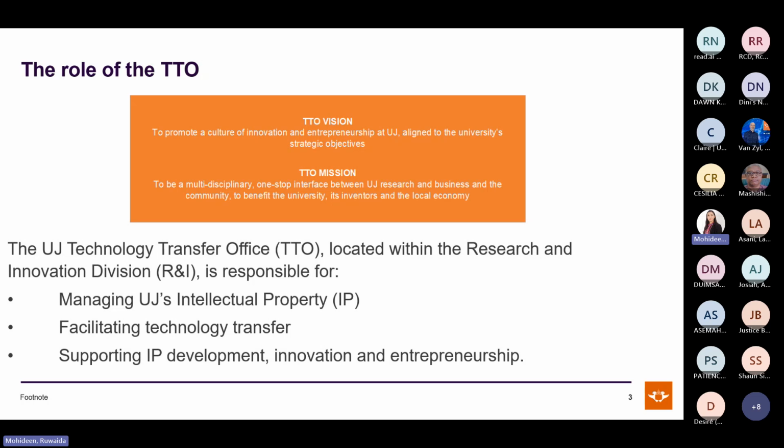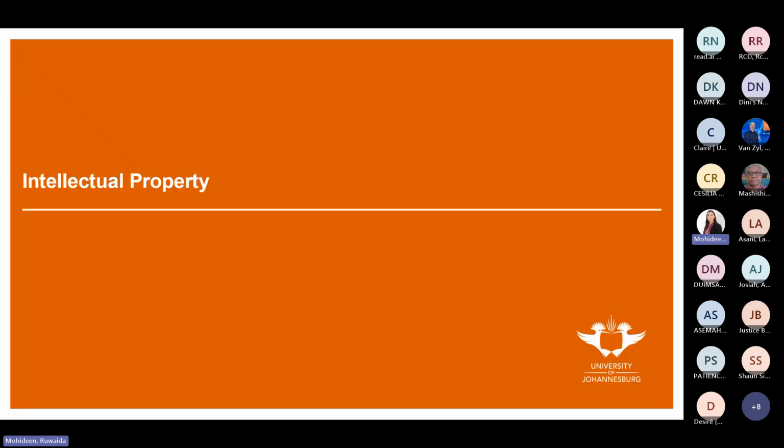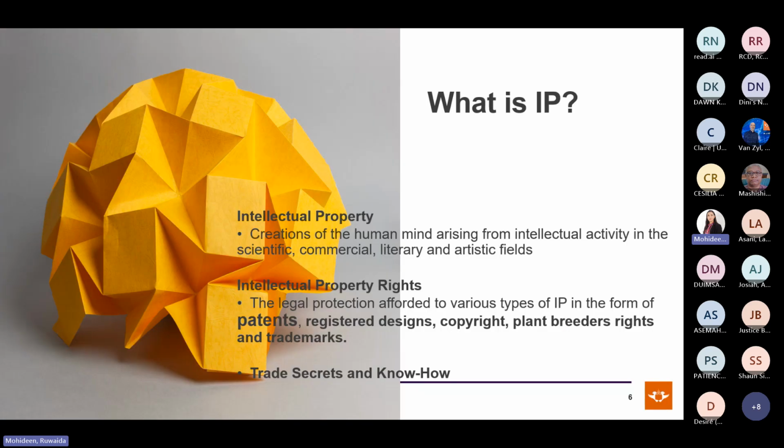But the crux of today's presentation is intellectual property, what it is, and what you need to know about it during your research journey. Intellectual property essentially is any creation of the human mind that arises from any intellectual activity, be it in the scientific field, the literary field, the artistic field, the musical field, commercial field, or mathematics field.